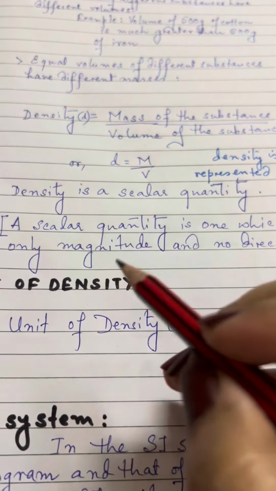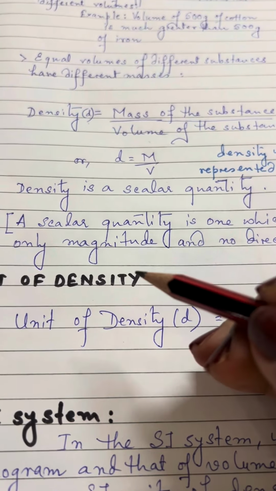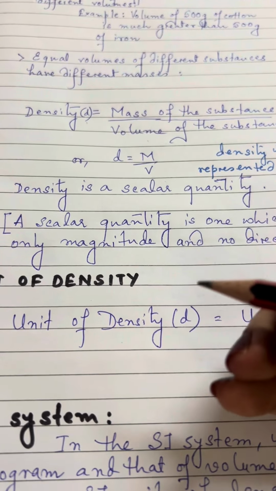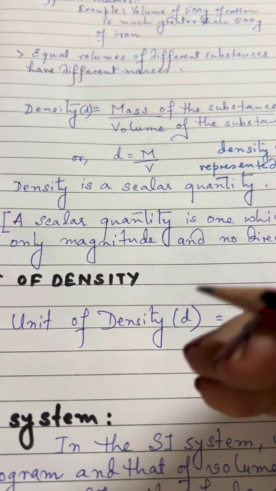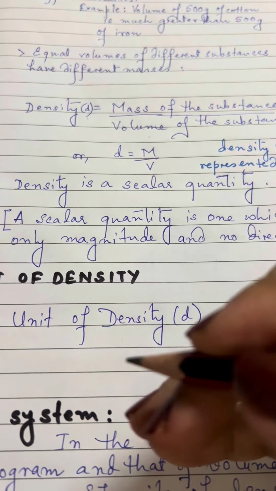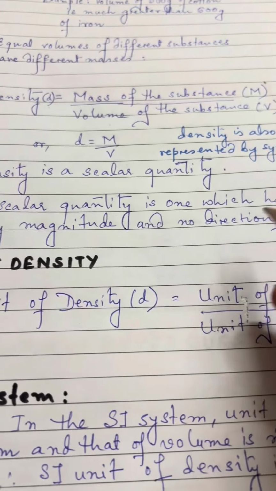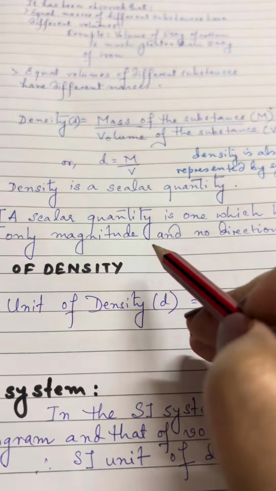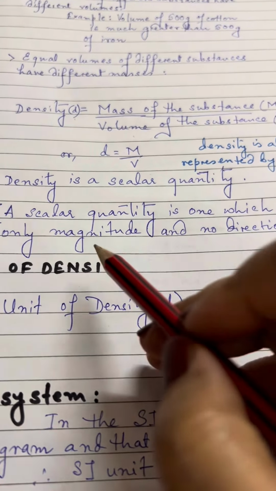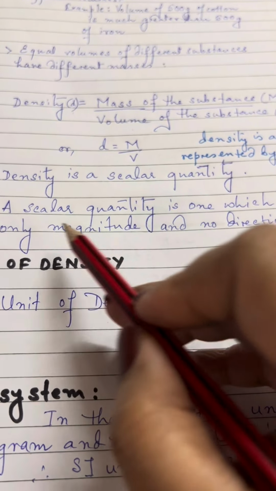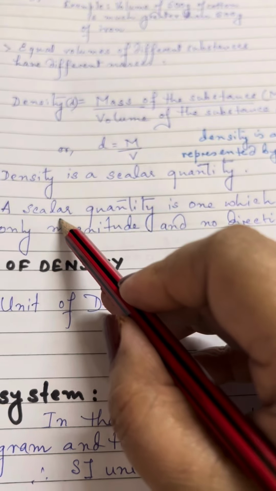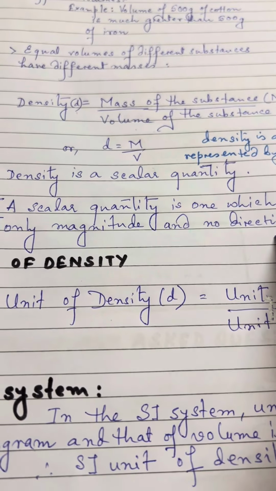Now, a little bit of recapitulation for those who have forgotten what a scalar quantity is, or maybe for those who don't know. A scalar quantity is one which has only magnitude and no direction. That means only magnitude is required for describing a scalar quantity and direction is not required.